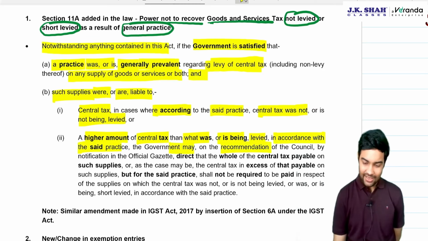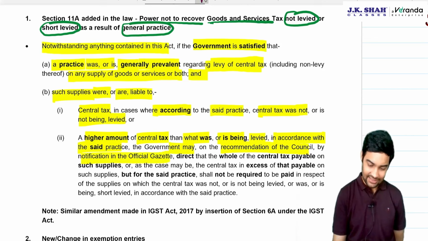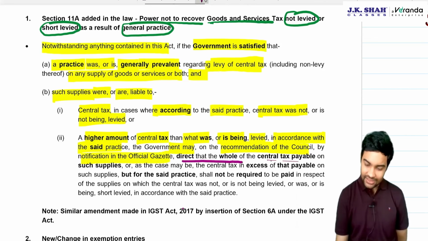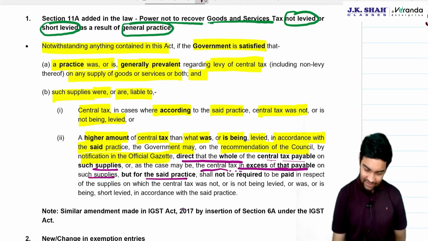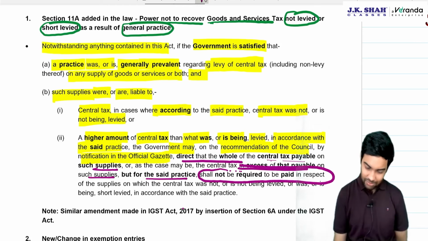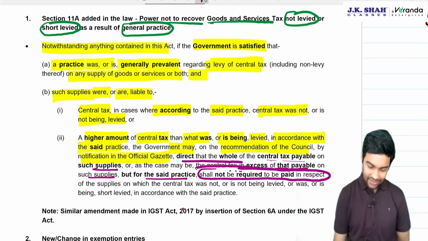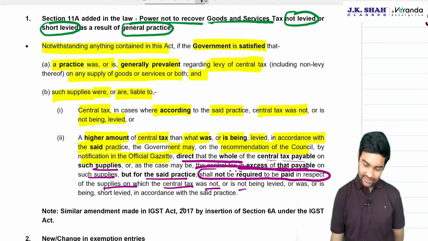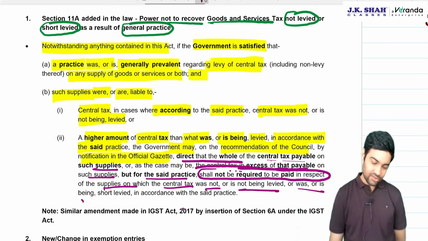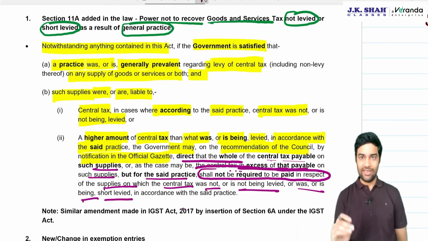The government may, on the recommendation of the council, by notification in the official gazette, direct that the whole of the central tax payable on such supplies, or the central tax in excess of that payable but for the said practice, shall not be required to be paid in respect of supplies on which central tax was not or is not being levied, or was or is being short levied.